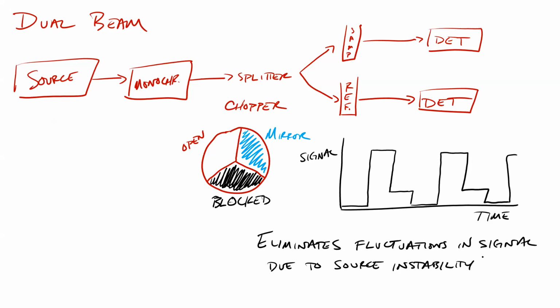Okay. Additionally, any of those long-term environmental noises that we talked about, people walking down the hall, the elevator going up and down, if you have a really long scan for some reason, it would help to mitigate the fluctuations caused by those sources. And so these are still made.